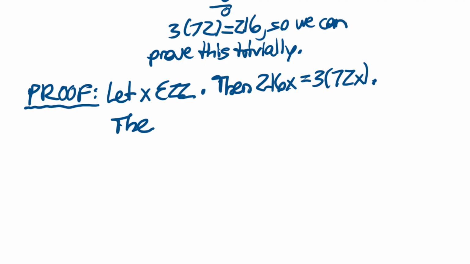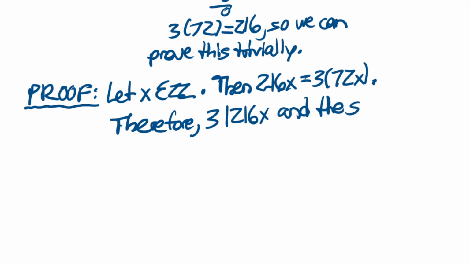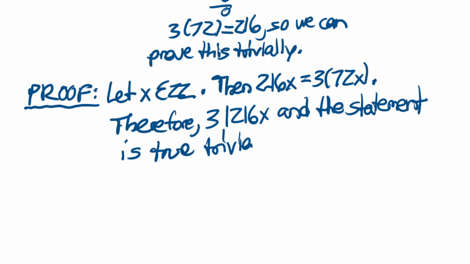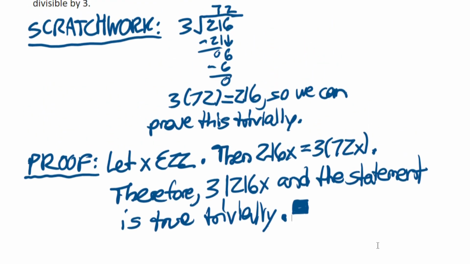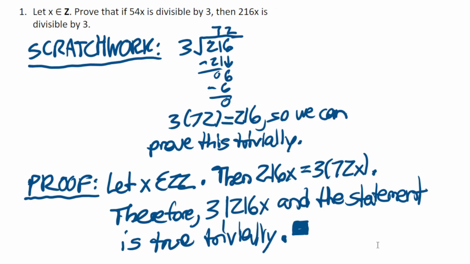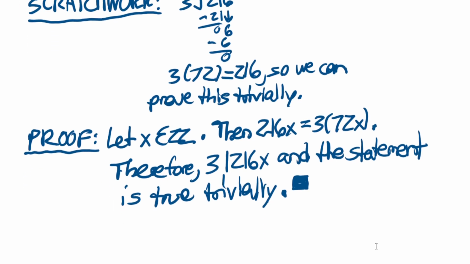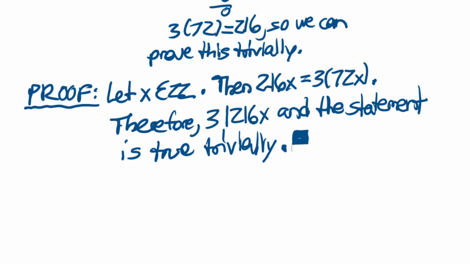Therefore 3 divides 216x, and the statement is true trivially. And we have just proven this statement. So it's a pretty easy and straightforward one, because we proved that the second statement, 216x is divisible by 3, is true. And therefore, if you remember the truth table, that means that the implication is true.